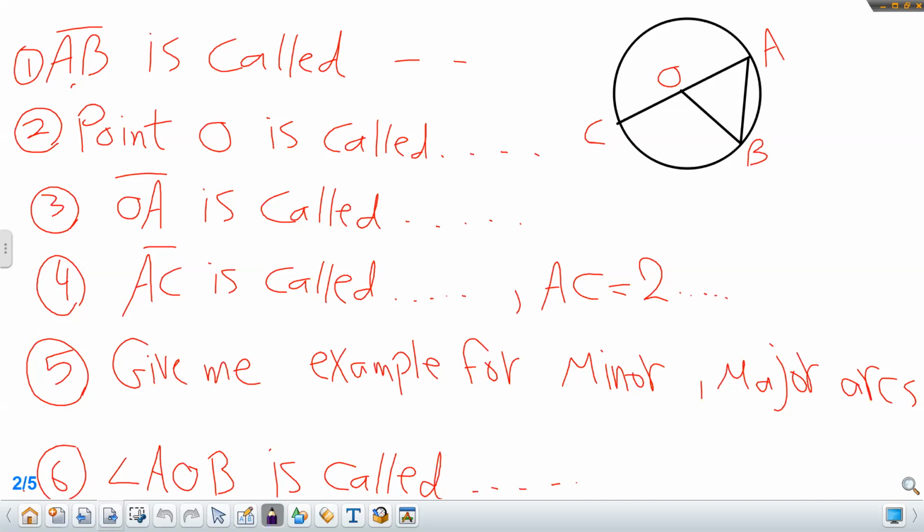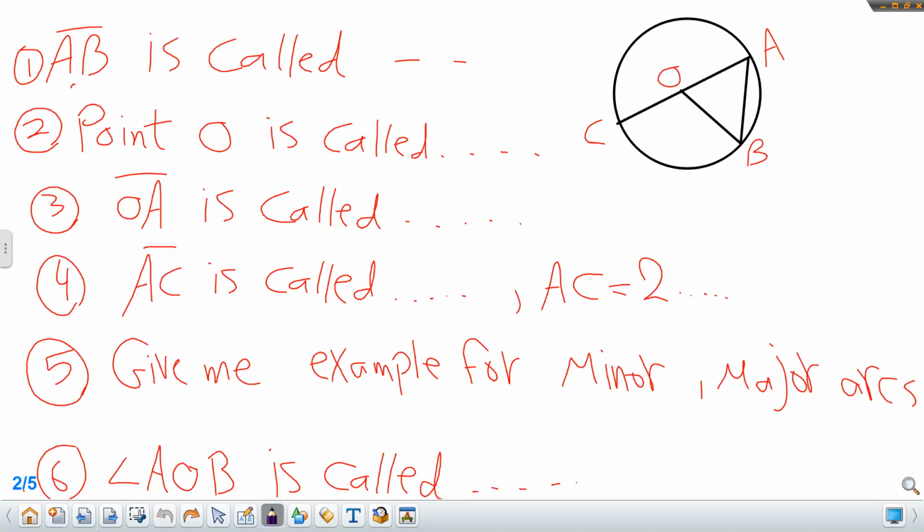And chord, what about chord? A chord is a line segment joining 2 points on the circle. But the diameter is a chord that passes through the center of the circle, like AC, because AC passes through point O. And we can say AB is called an arc.